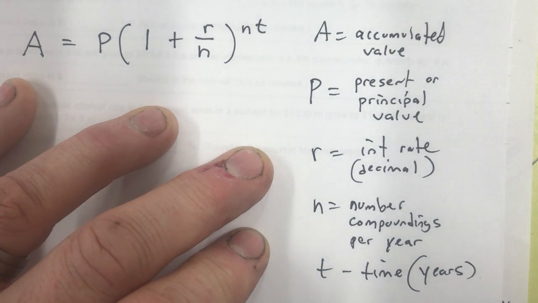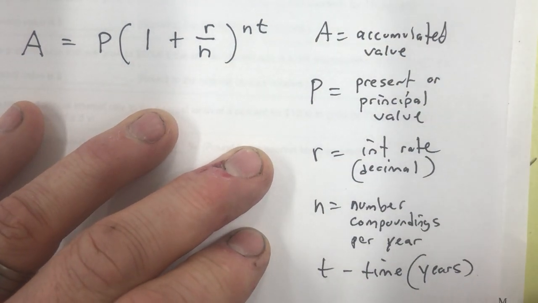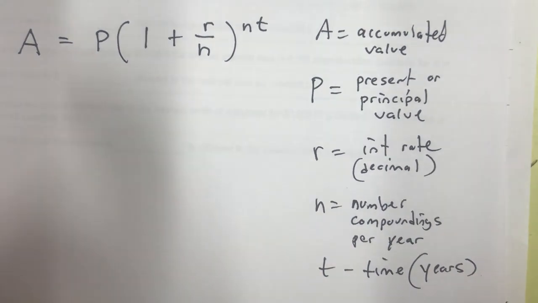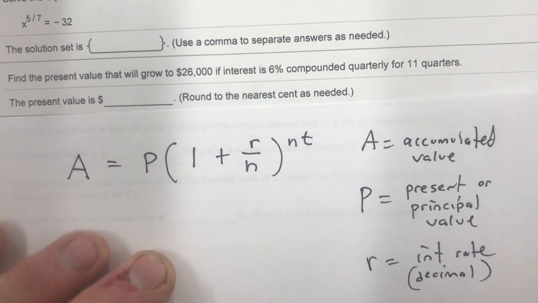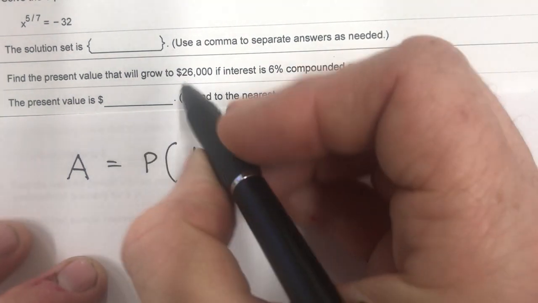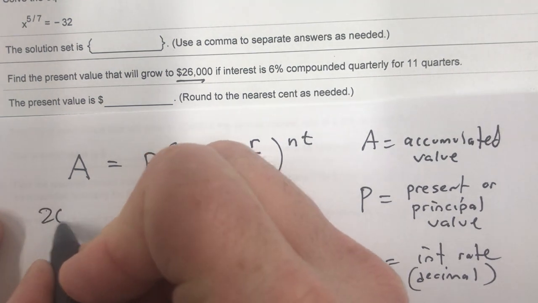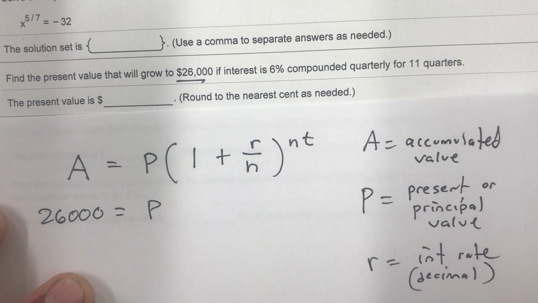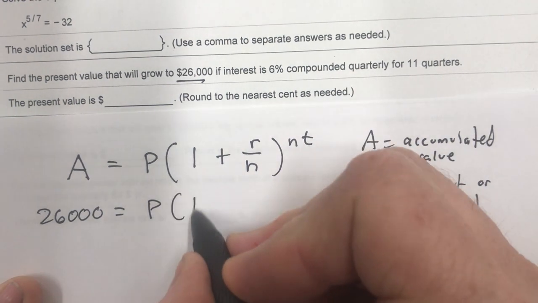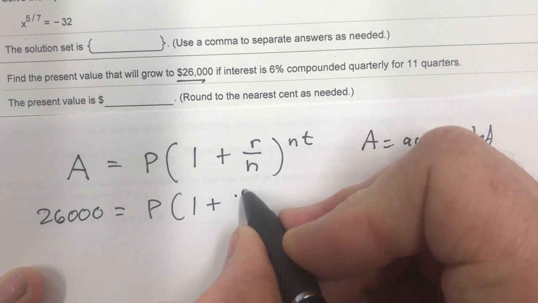because we'll be using these a little bit in this chapter, namely on this problem too. So on 17, it says find the present value that will grow to 26,000. So 26,000, that's your accumulated value. That goes right here. The present value we don't know. But it's going to be 1 plus the rate, which is 6%, so that's 0.06.